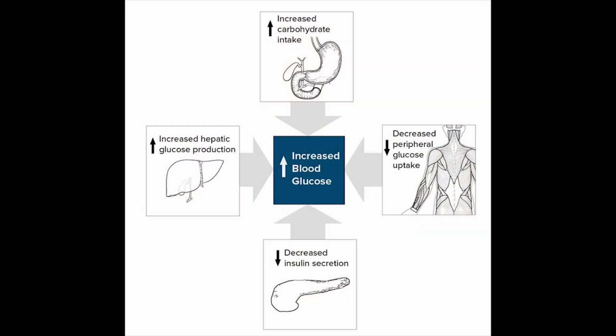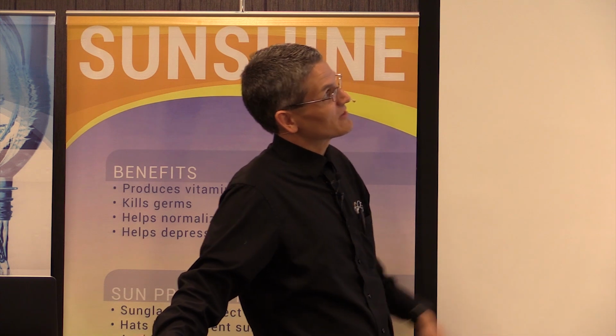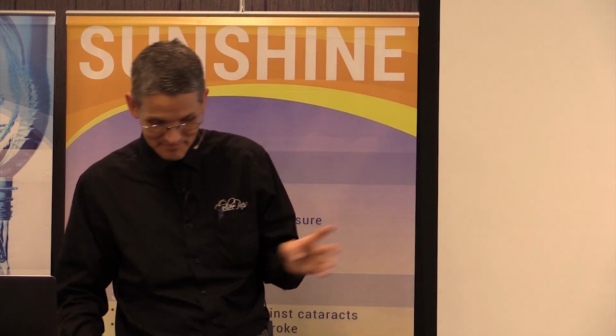Now, this is a nice picture to show the various different things that are done, but one of the things on this picture is wrong. And it's the top. It's the increased carbohydrate intake.